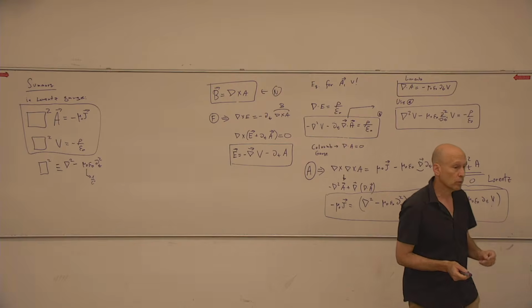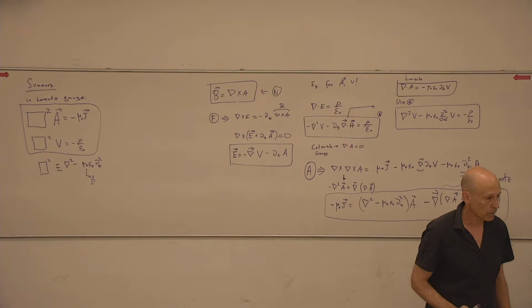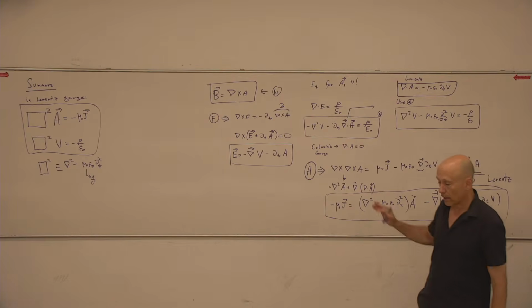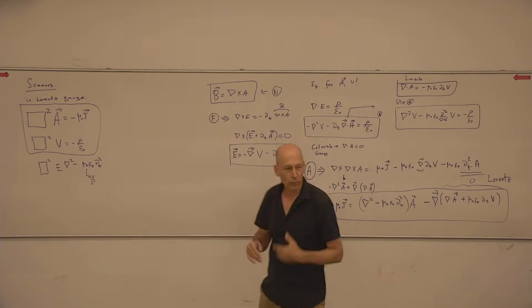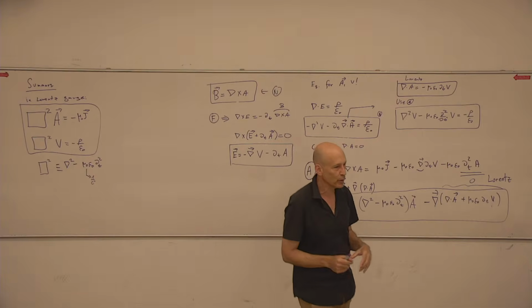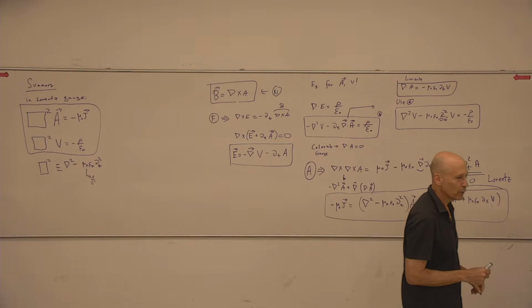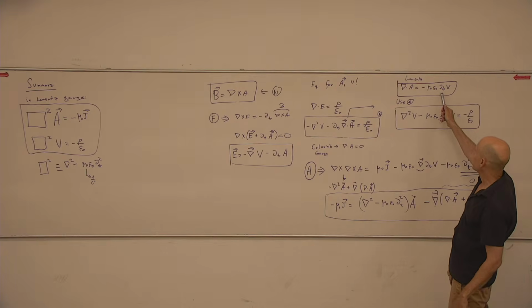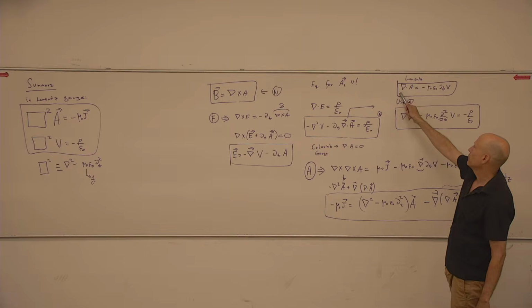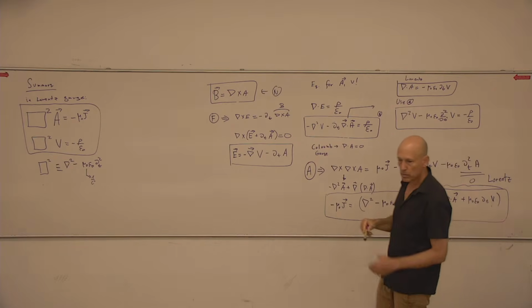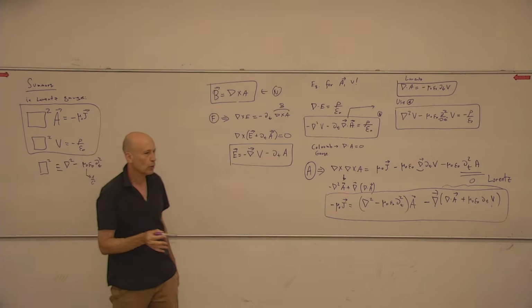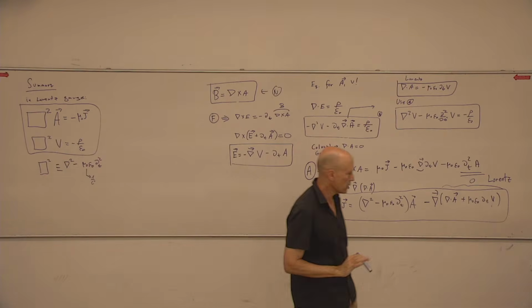If it's not correct, it means that you made a mistake on the way. This is a good way to find mistakes in exams, for example, if you have time to verify this. And you see that here you have first order with time, and here you have first order with space derivatives. Yeah, so you'll see that it's not always easy to take these derivatives, but that's a different story.